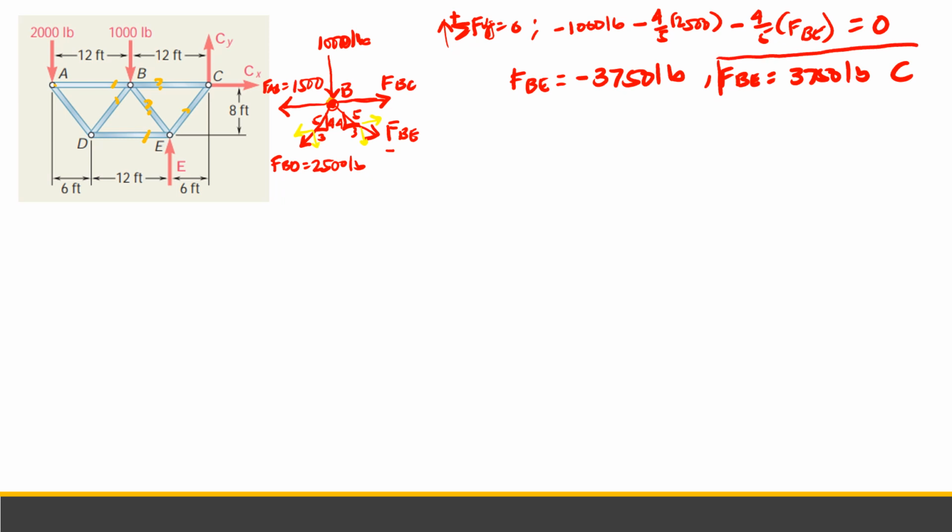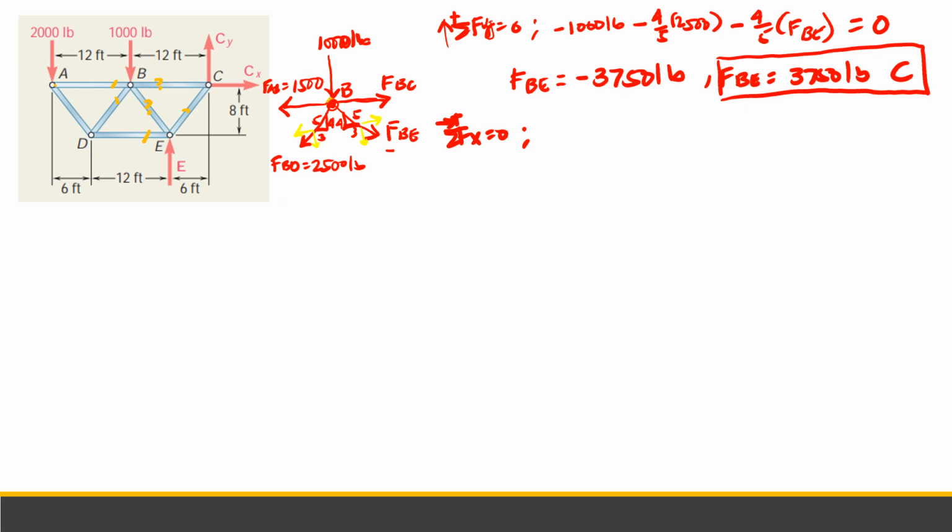So from this point onward, gagamitin natin ang FBE as compression, no? Okay, so naging compression siya, so meaning yung X niya is to the left na din. So summation of forces along X is equal to 0, to the right positive.